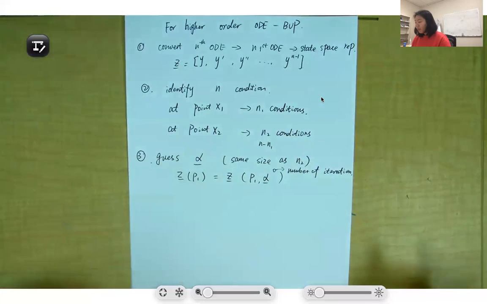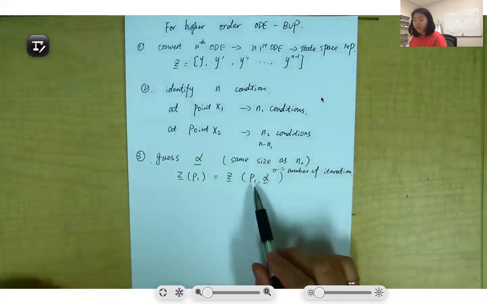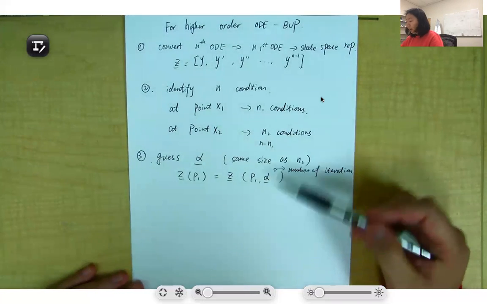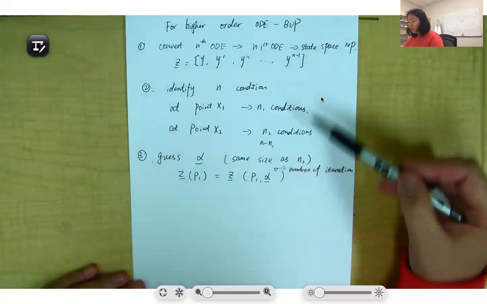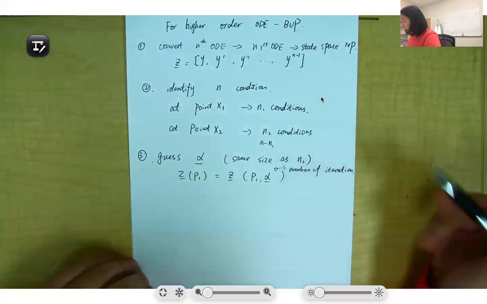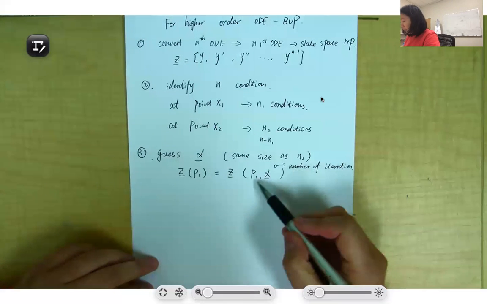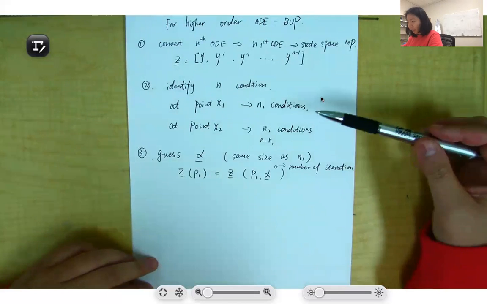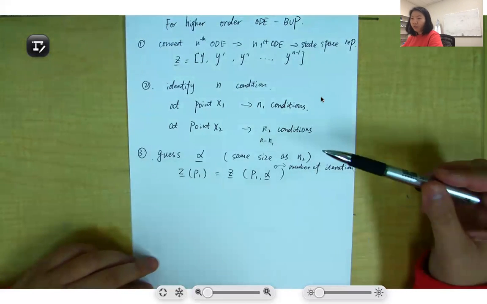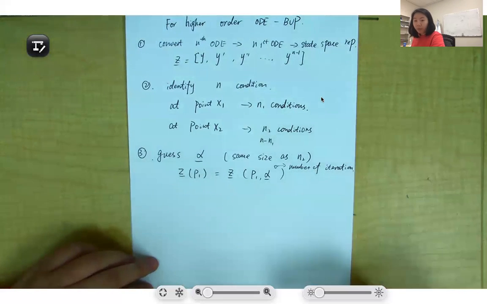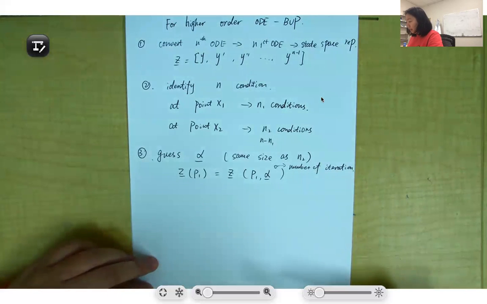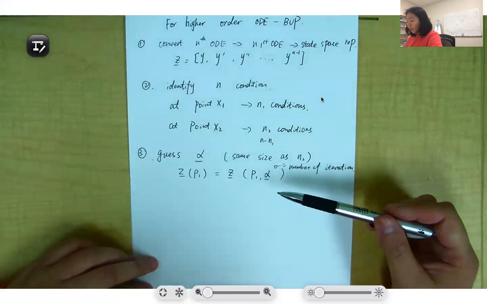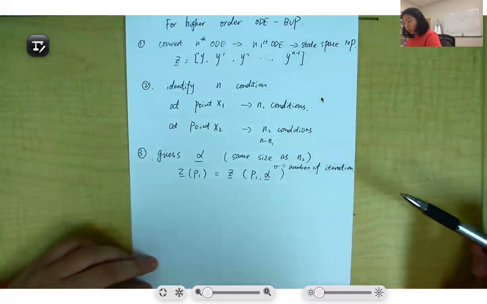At p1 we need all n conditions. We have already n1, and we need to guess the remaining n minus n1, iteration by iteration, using error analysis to get a better alpha. In the end, we want our guessed initial values to meet the final boundary conditions.